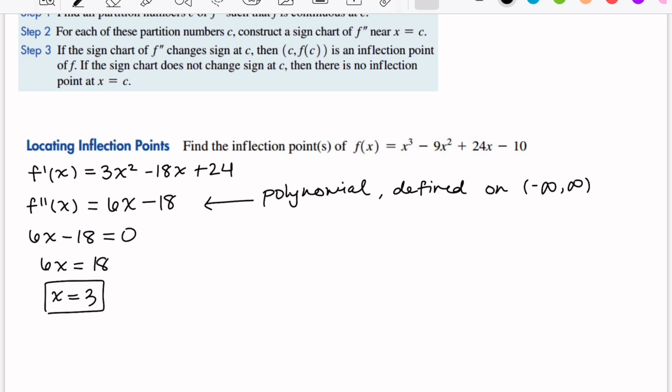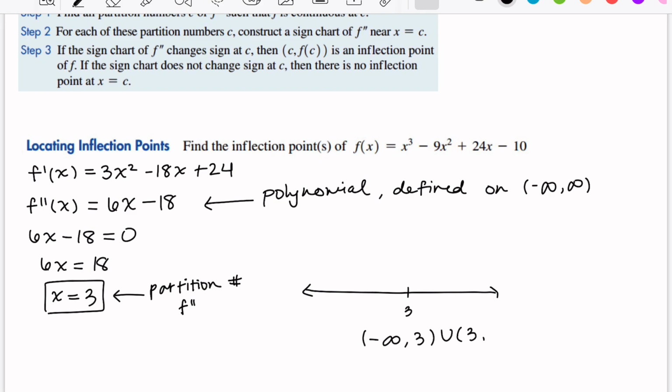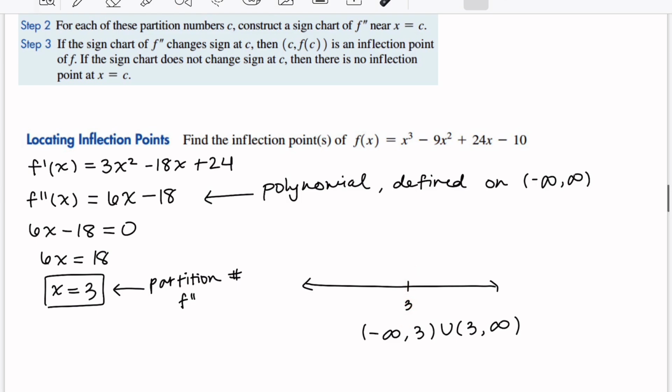Okay, so just setting it equal to 0 and solving for x. All right, so this will be our partition number for our second derivative. So we're cutting our domain into 2 regions, because we know at x is equal to 3, our function can change sign.